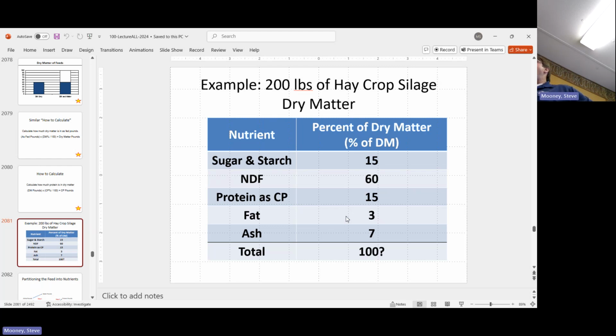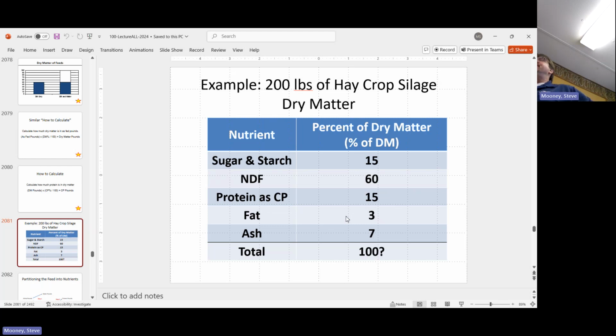What's a typical dry matter for our haylage out here? 40, 38, somewhere in there? Okay. So if it's 40% dry matter, what's 200 pounds as fed?